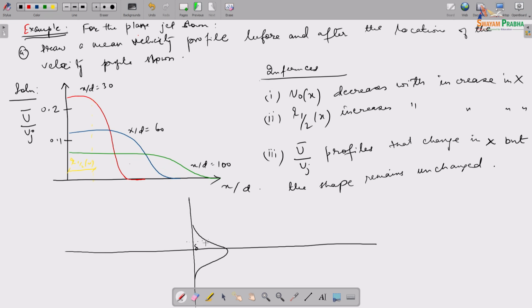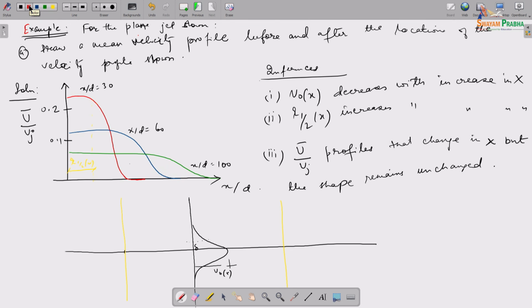This is delta, and this is the centerline velocity. Now let us choose a location which is, say, here, and another location which is here. How shall I even draw this plot?